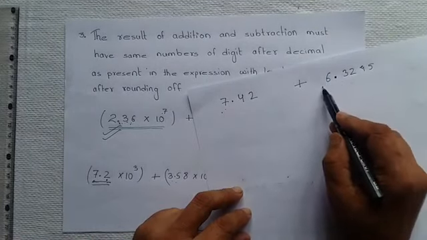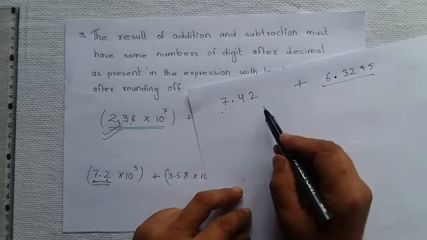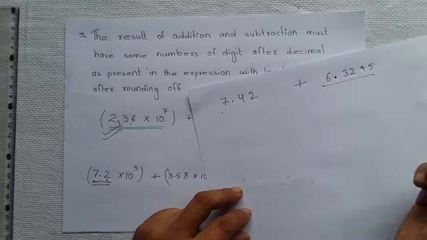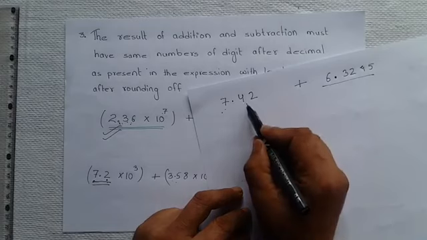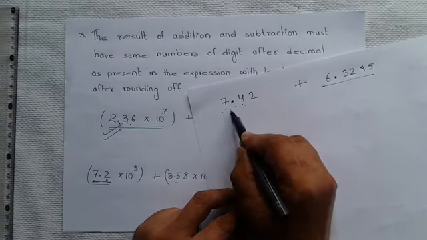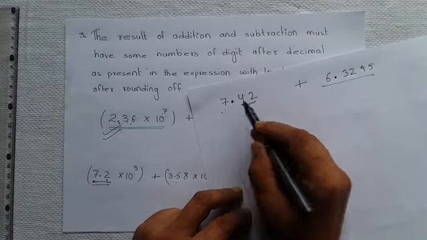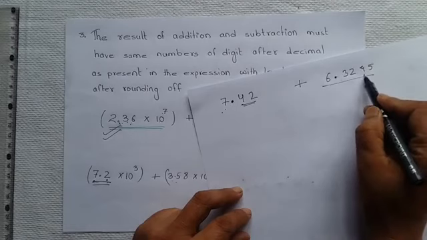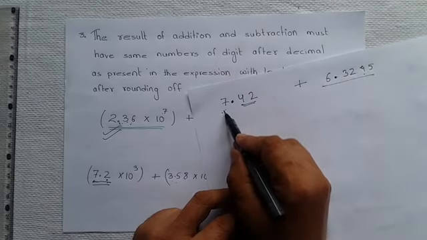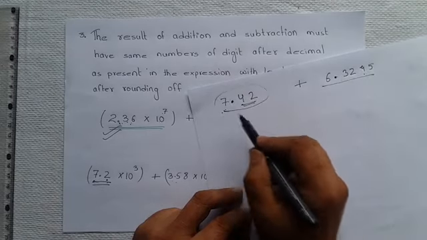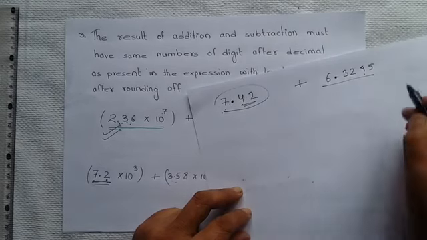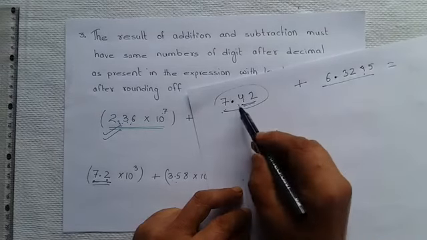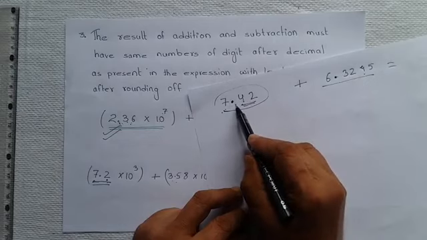Now which number has the least digits after the decimal? We know this number has 2 digits after the decimal and this one has 4 digits after the decimal. So this is the number with the least decimal digits. Now our answer must also contain 2 digits after the decimal.